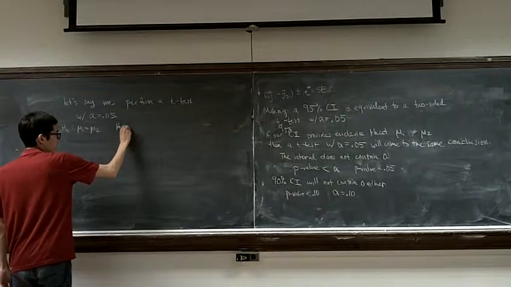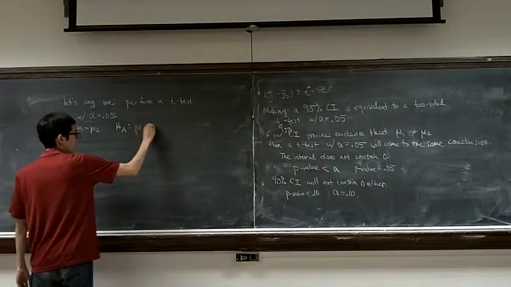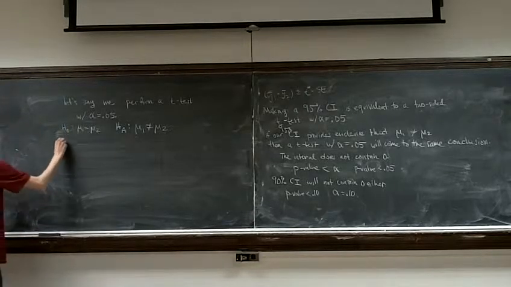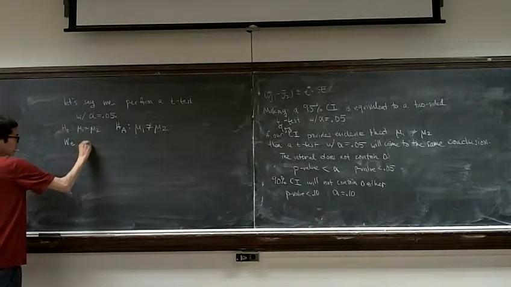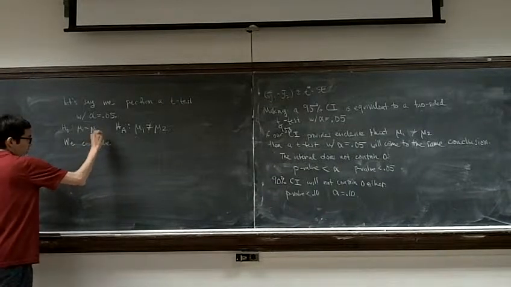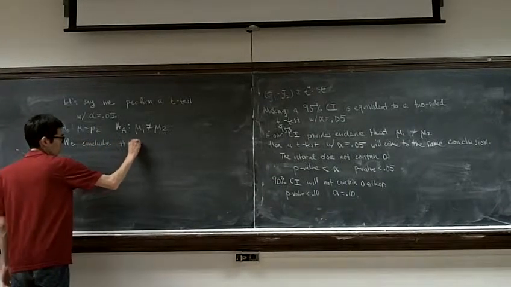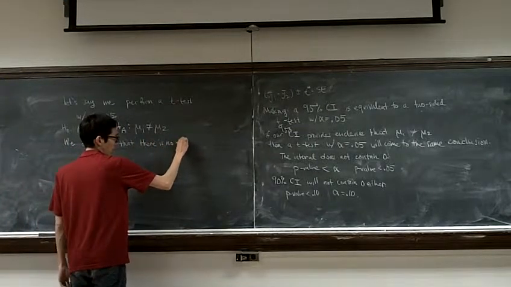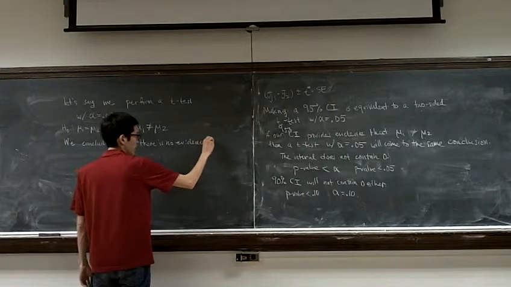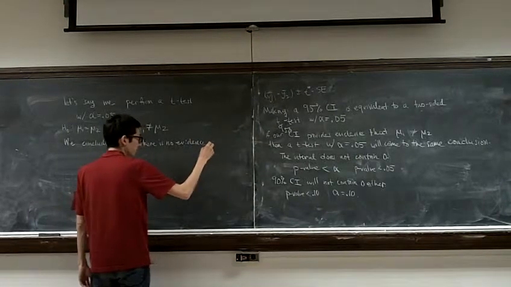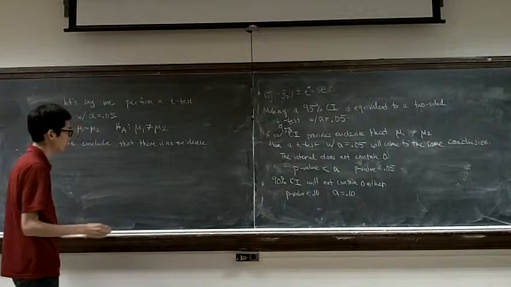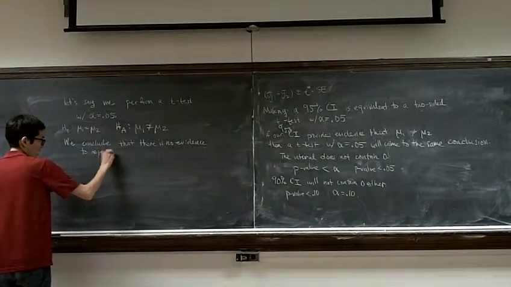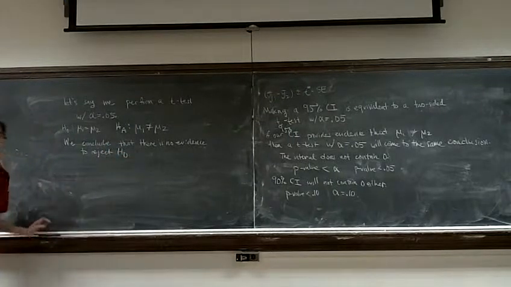The alternative is that mu1 doesn't equal mu2. We go through it, and we conclude that there is no evidence, or that we do not have evidence, to reject the null hypothesis.